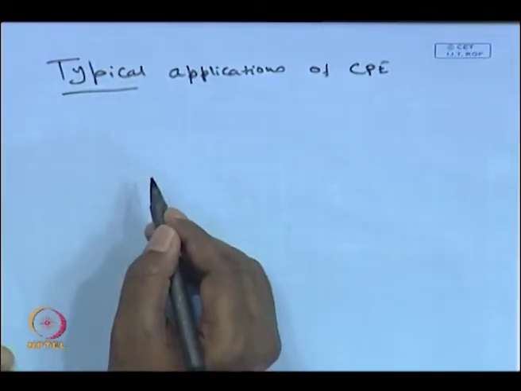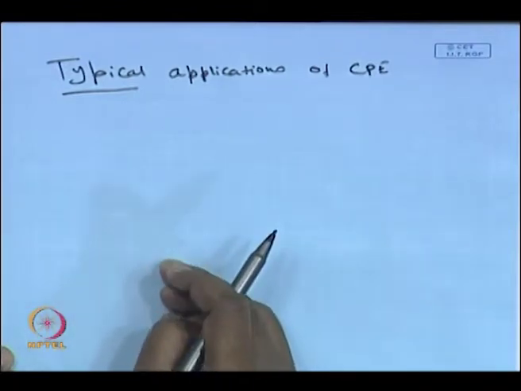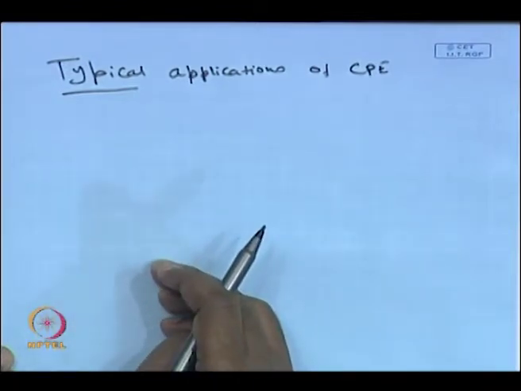Removal of PAH, the polycyclic aromatic hydrocarbons. These PAH are abundantly available in the aqueous phase or in the water near the refineries. These PAH are carcinogenic, they are cancer causing components.